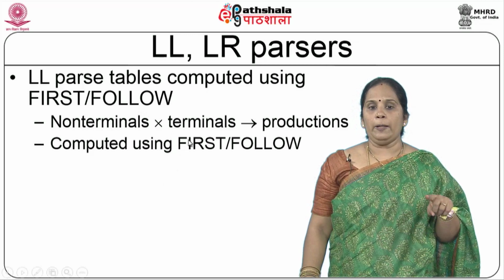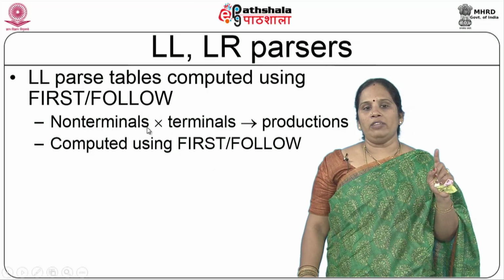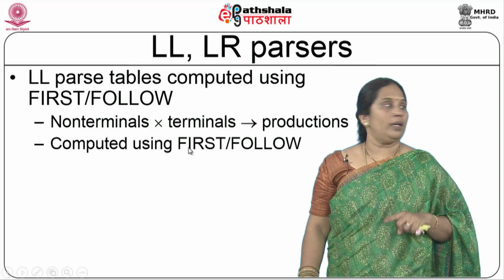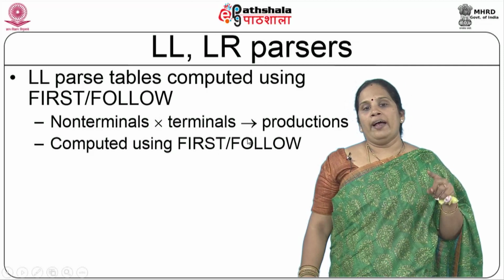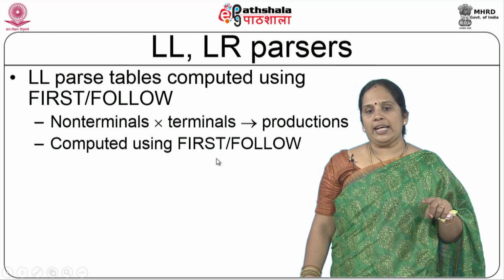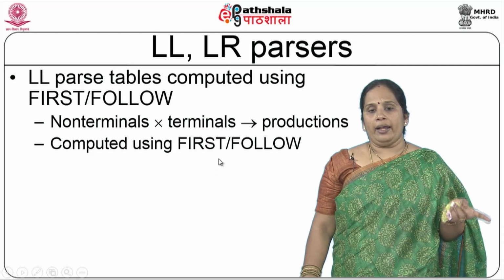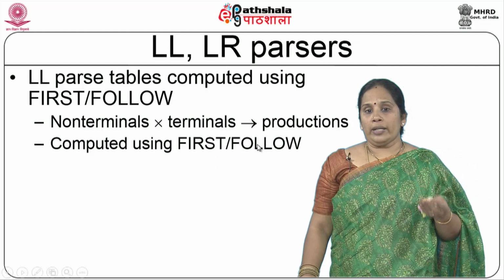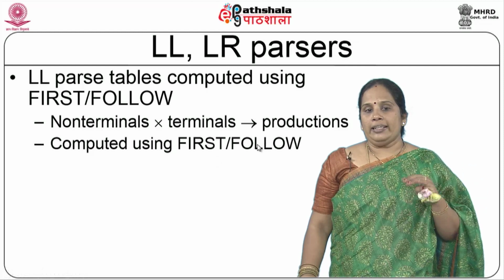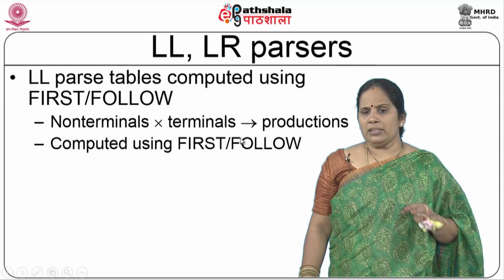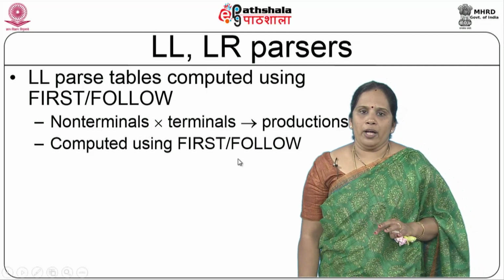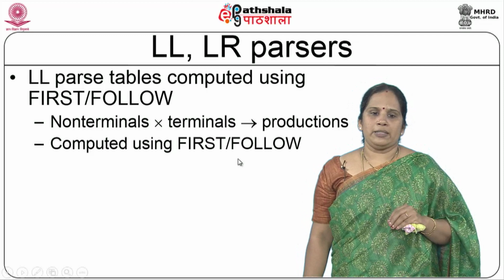At the intersection of the non-terminal versus the non-terminal's first component, I added the production of the particular non-terminal, and where the non-terminal's first has got an epsilon production, I referred to its follow, looked at the symbols of follow, and at the intersection of the non-terminal and the symbols in follow, I simply added the production, non-terminal produces epsilon.